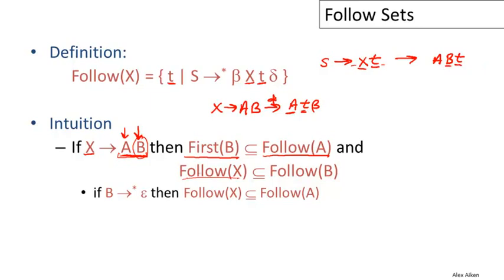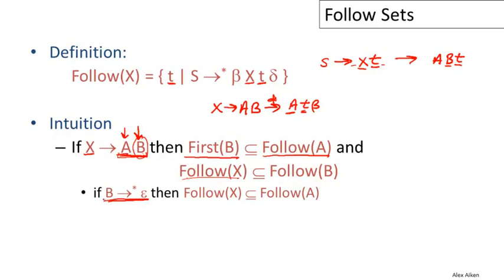And we can generalize this observation about what occurs at the end of a production. Anything that occurs at the end of the production, its follow set will include the follow set of the symbol on the left-hand side of the production. Well, what is the end of the production? If B can go to epsilon, if B can disappear, then A will appear at the end of the production.